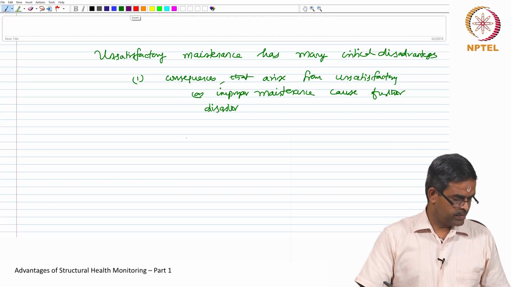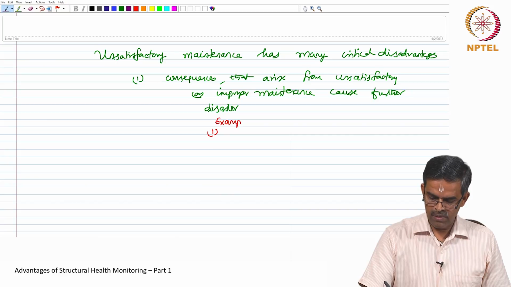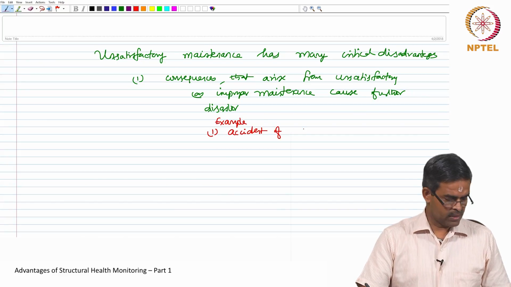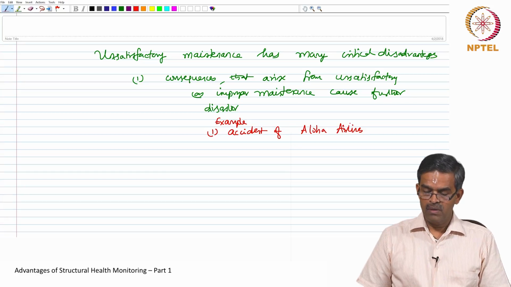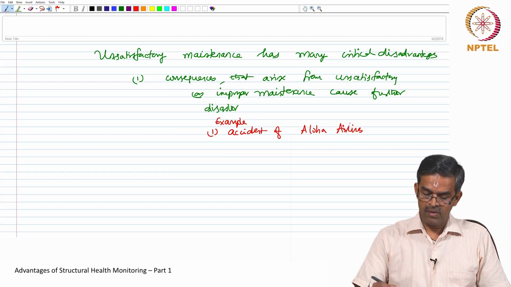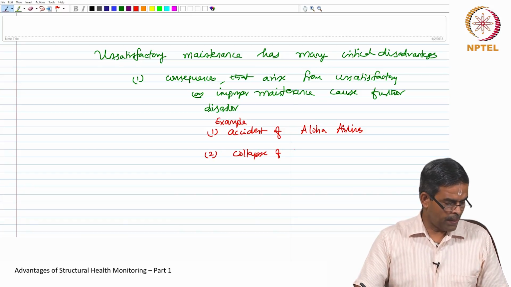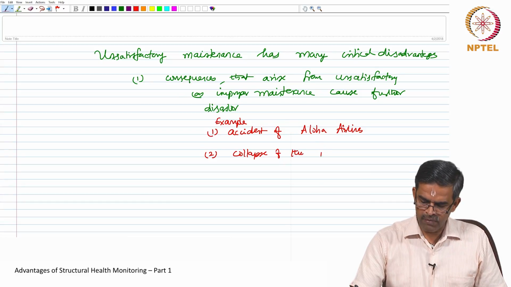For example, the accident of Aloha Airlines is a classical example of unsatisfactory or improper maintenance. We can also quote the collapse of the Mianus River Bridge.